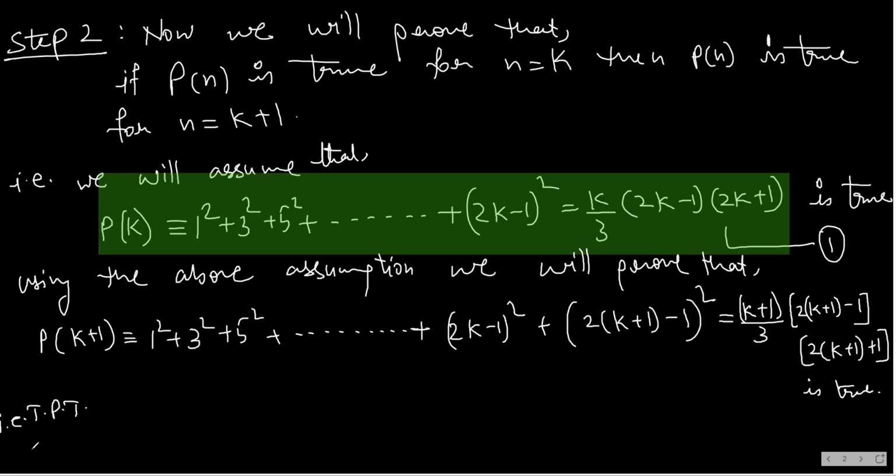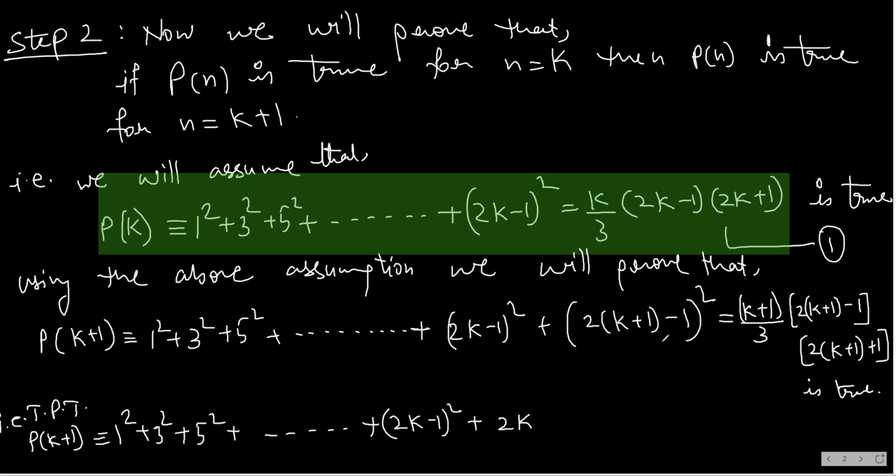That is to prove that P of k plus 1, which is 1 square plus 3 square plus 5 square plus dot dot dot plus 2k minus 1 square plus 2k plus 1 square.